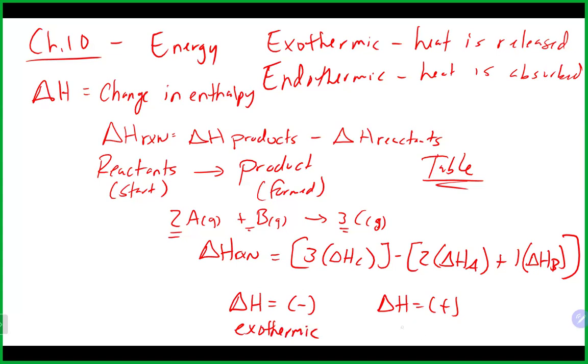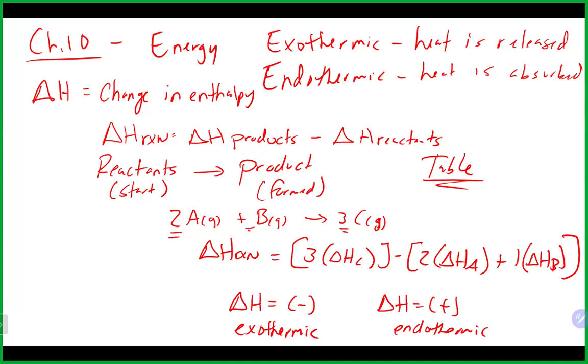If you calculate a delta H that is positive, that usually means an endothermic process. So in general, a negative value means an exothermic process, where energy is being released, and a positive value means an endothermic type process.